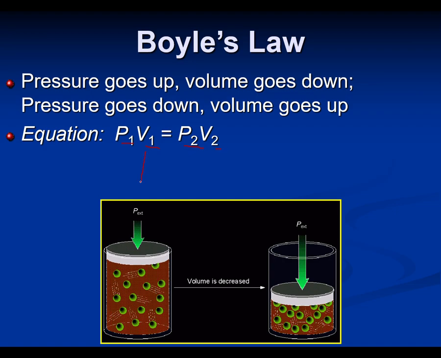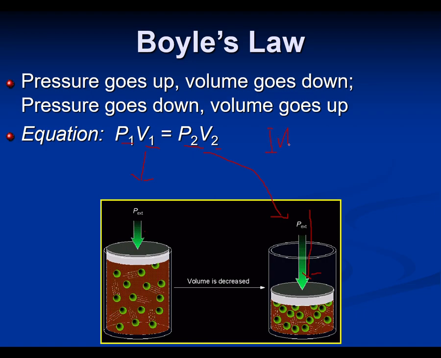So this would be the first pressure and the first volume, and this would be the final condition of the pressure and the volume. And here we're talking external pressure. So the more pressure you have externally, the smaller the volume. This is an inverse relationship.